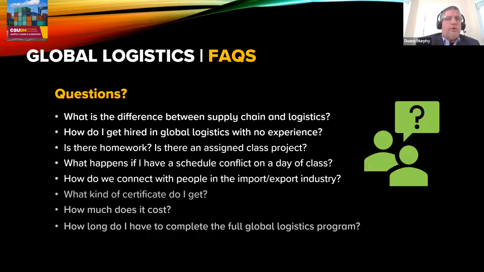If you're looking for other opportunities in the global logistics industry, I would recommend it. Or if you just want to understand more about the processes you're involved with every day, such as what the terminal operators are involved with, the issues of drayage, pulling containers in and out of the ports, and if you're thinking about your future, I would highly recommend the program.